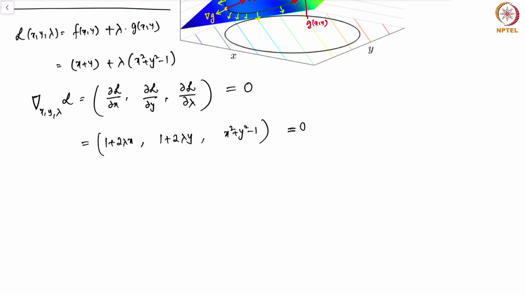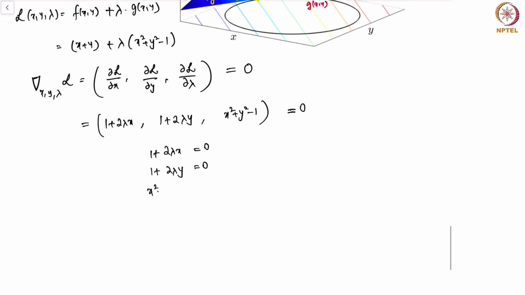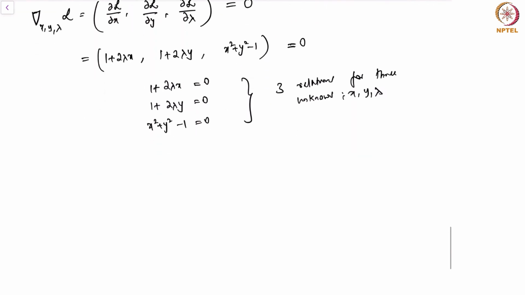So we now have three relations. 1 plus 2 lambda x is 0. 1 plus 2 lambda y is equal to 0. And we have x square plus y square minus 1 is 0. That's three relations for three unknowns, x, y, and lambda, right? We can directly relate from the first two equations.